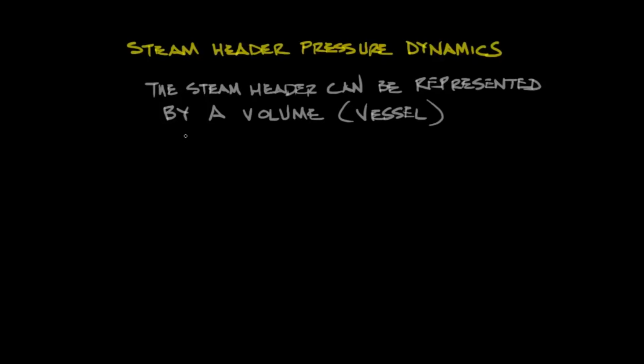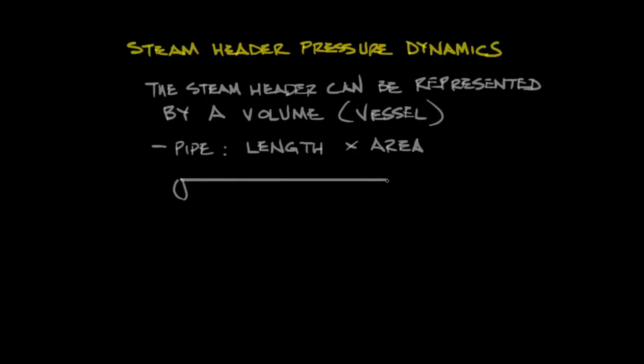So what are the dynamics of the steam header pressure, or the management of that pressure? The steam header can be represented as just a volume. So we're going to look at how the flow in and out of that volume is going to affect the pressure. A pipe, which is really all the steam header is, becomes a volume by looking at the length and the cross-sectional area.